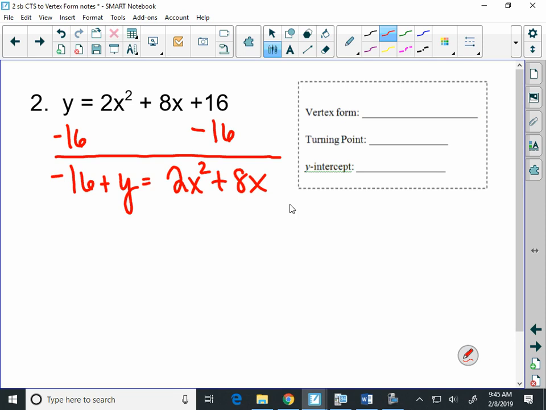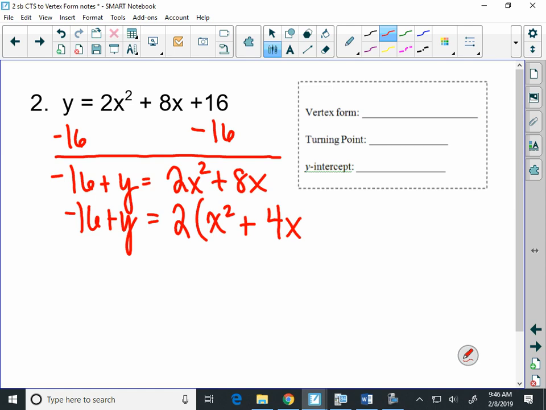Only the leading coefficient. So we're going to factor out the 2. Think about what would you divide by if we were solving. We would have divided everything by 2. That's what we're going to factor out. When we factor it out, we've got x squared left, 2x squared divided by 2. 8x divided by 2 is 4x. Over here on the left, we still have the negative 16 plus y.